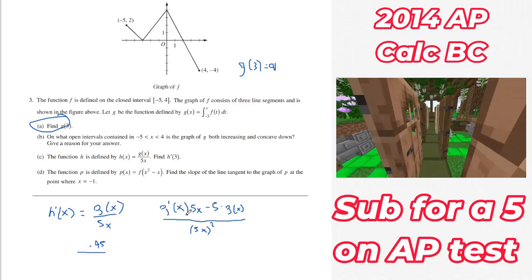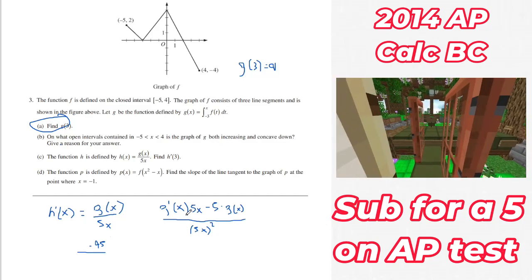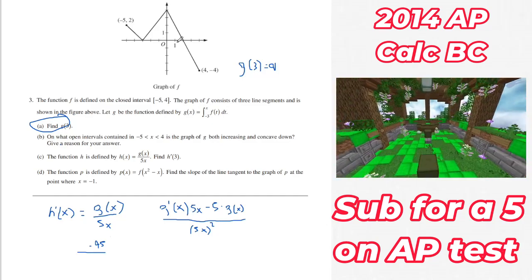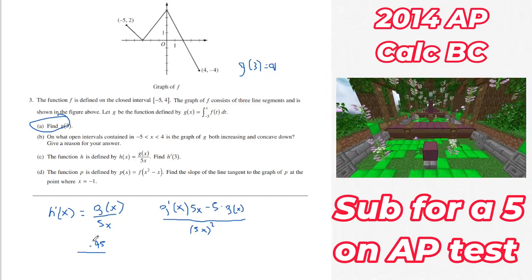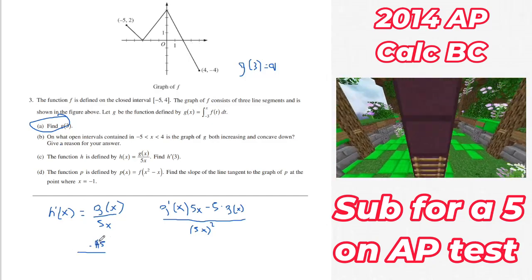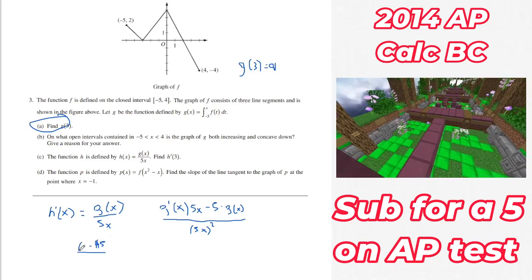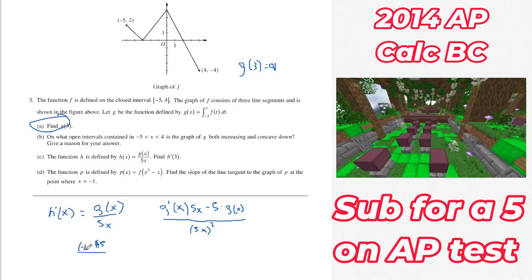If we need g prime of 3, remember g prime is just going to be our graph here. So at 1, 2, 3, that's going to be equal to -2. This is a 45. Very hard to write. So we have a -2 here.